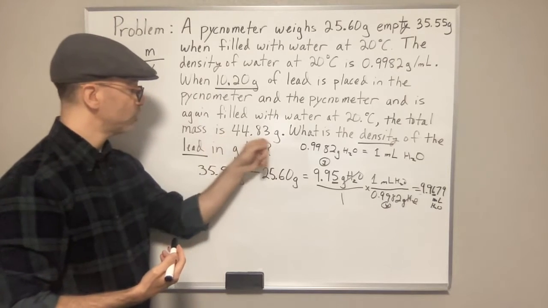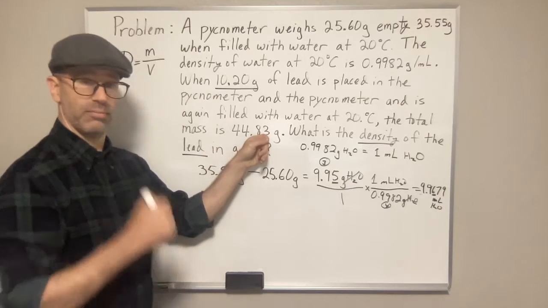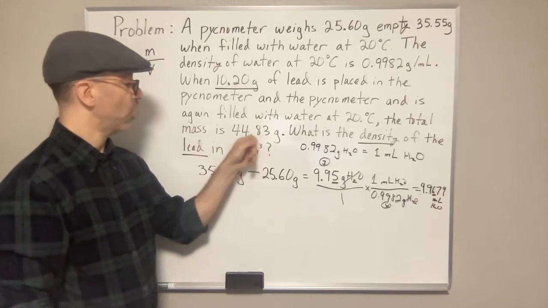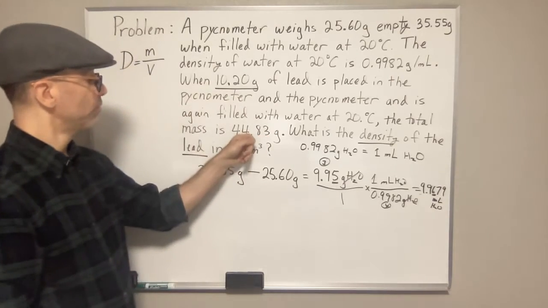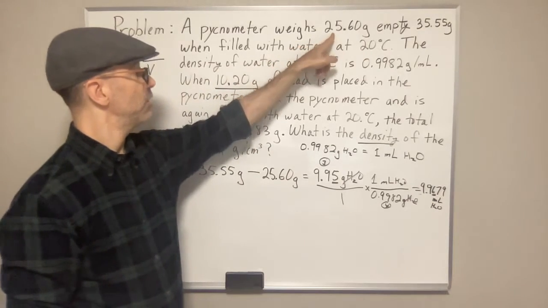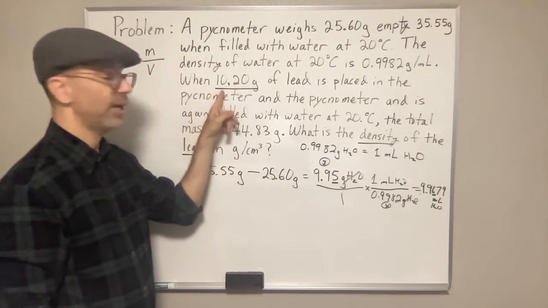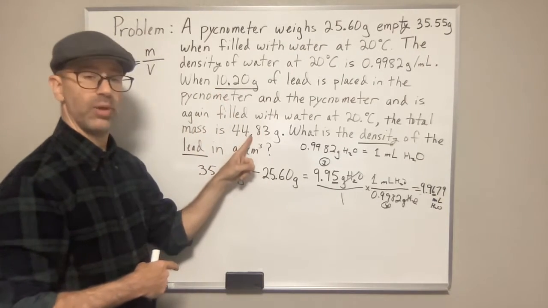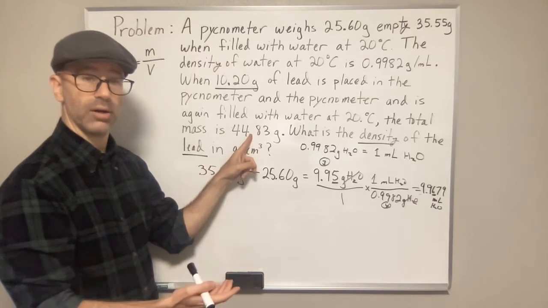But we are given the total mass of the pycnometer, the water, and the lead. So we know the mass of the empty pycnometer. We also know the mass of the lead. So if we subtract those from the total mass, we can get the mass of the water that's left over.